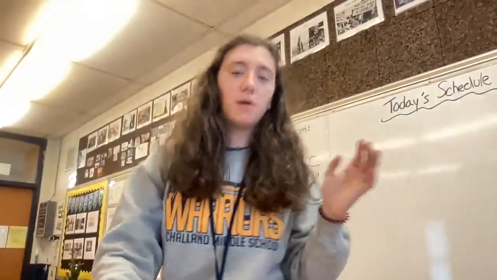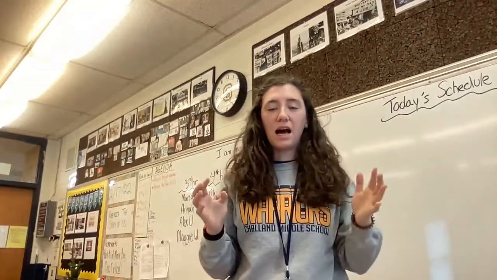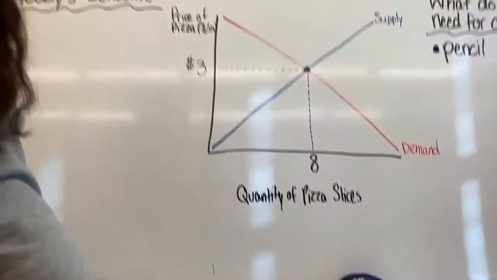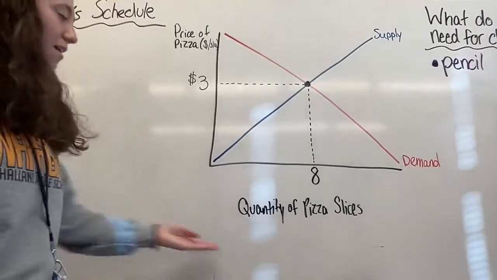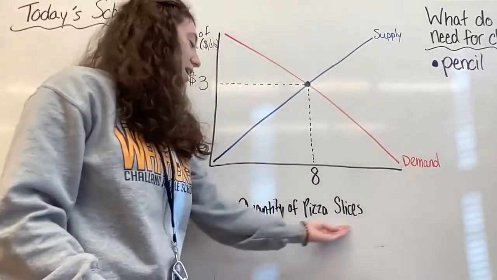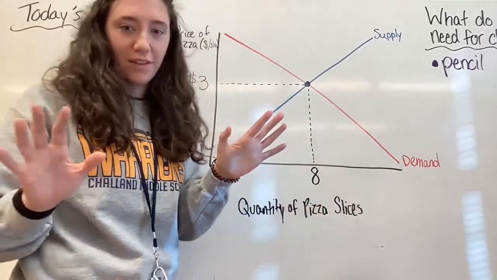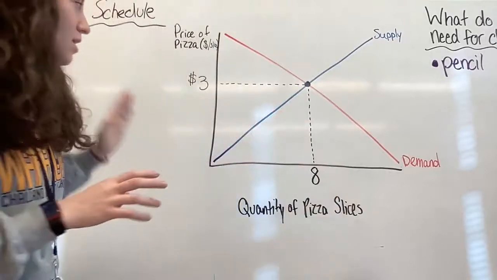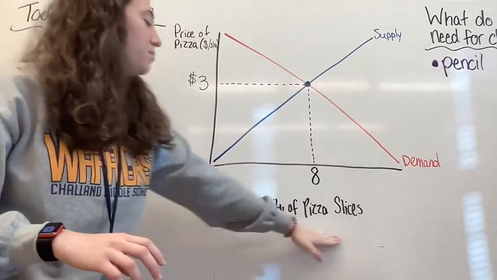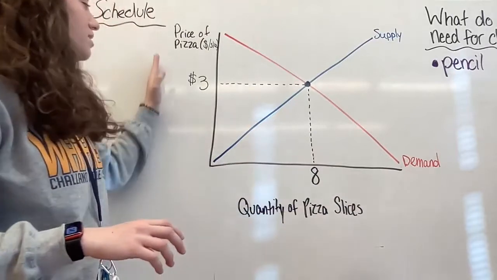So when we talk about the Great Depression, and we'll talk about this on Monday, this idea of supply and demand. So I drew this chart up here. Down here, we have quantity of pizza slices. You've all been learning graphs in math, I've heard, so this should be making sense. So the quantity of pizza slices versus the price of the pizza.